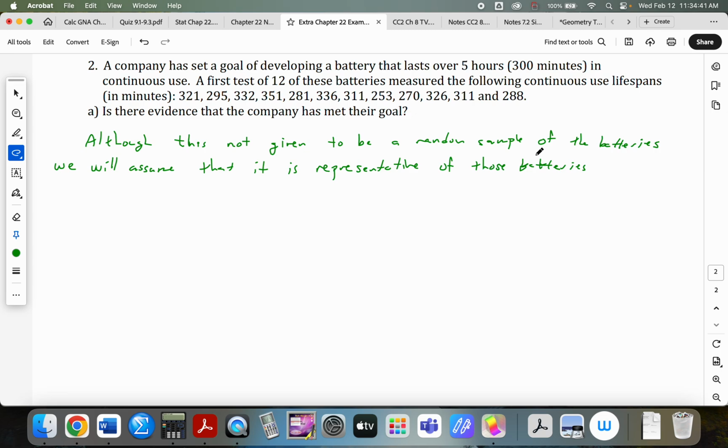All right. We will likewise assume it's less than 10% of this type of battery. But even if it's not less than 10%, we've said that it's a representative sample. And that's why we want to have a random sample, because we want it to be representative, and we want it to be independent.